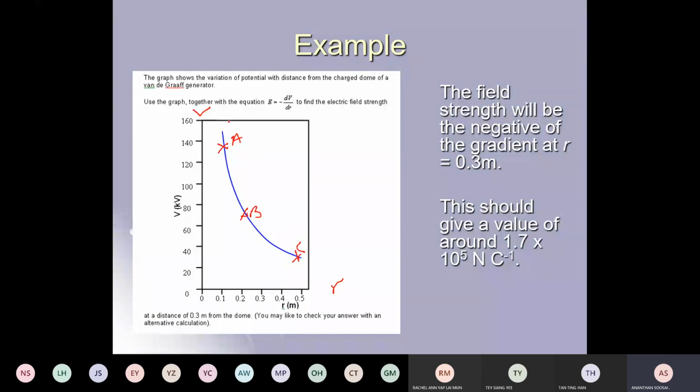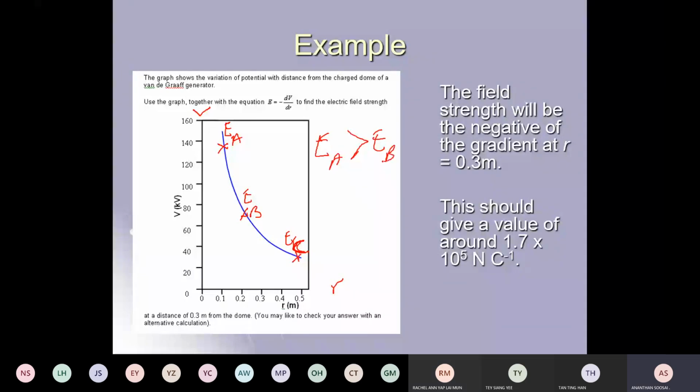Tell me the electric field at A, at B, at C. At which point is the electric field the strongest? A, B, or C? Is EA greater or EB greater? Anyone from this graph? EA is greater than EB.